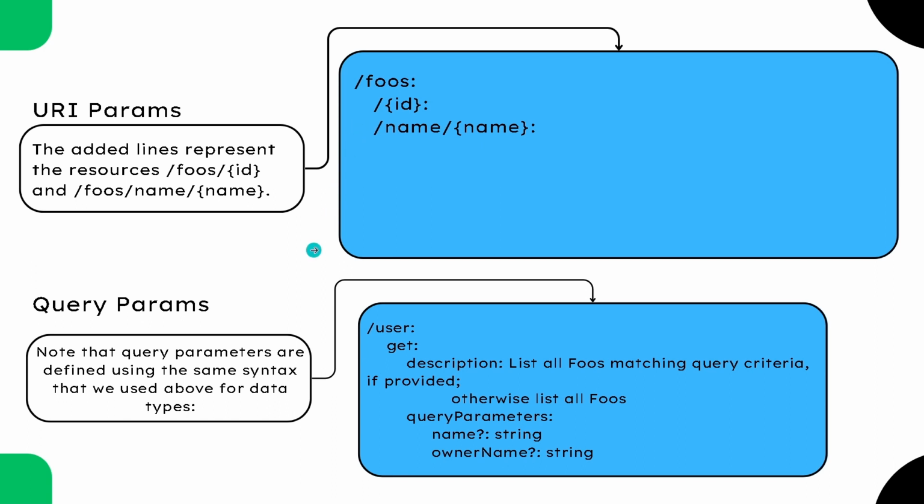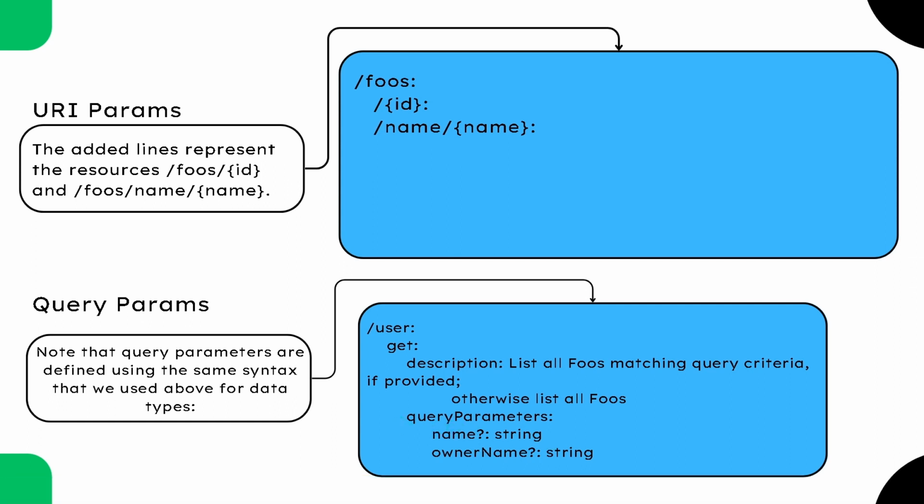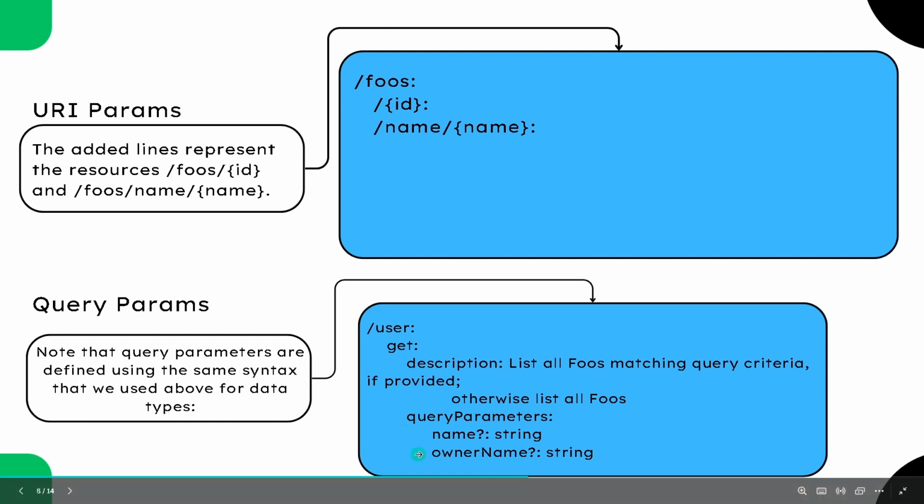Okay, so here are the query params. So guys, that's how we specify it: question mark, field name and string. And you have to give it like query params. What query params we have: name and owner name.